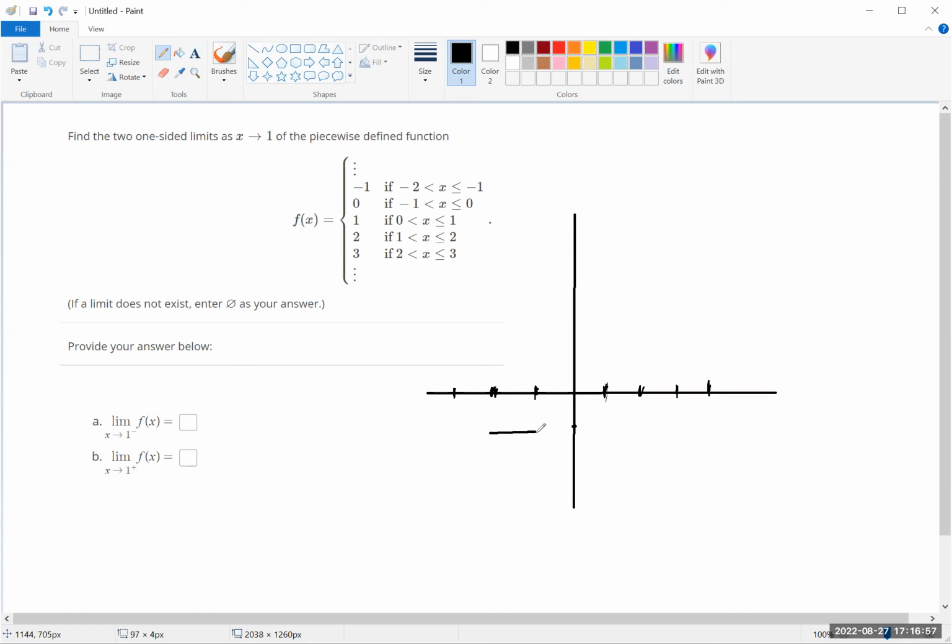And then, of course, at -1, we're going to draw a closed circle. That's not as important for what we're doing right now, but it's still worth doing correctly. In fact, all of these are going to be that way. So the next one goes from -1 to 0, and it's 0.